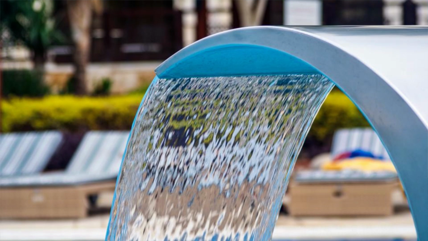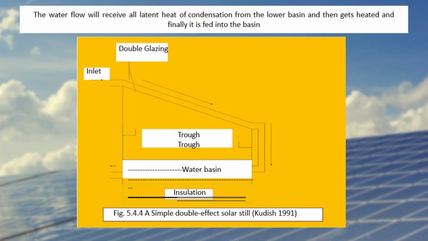In a simple double effect solar distillation system, water is allowed to flow through the space of the double glazing system so that evaporation does not take place, as in the case of open water flow over the glass cover. The water flow will receive all the latent heat of condensation from the lower basin and get heated, and finally it is fed into the basin as shown in the figure.